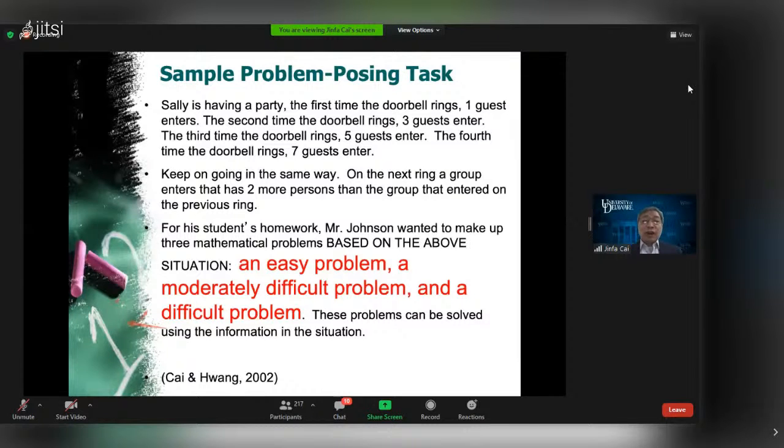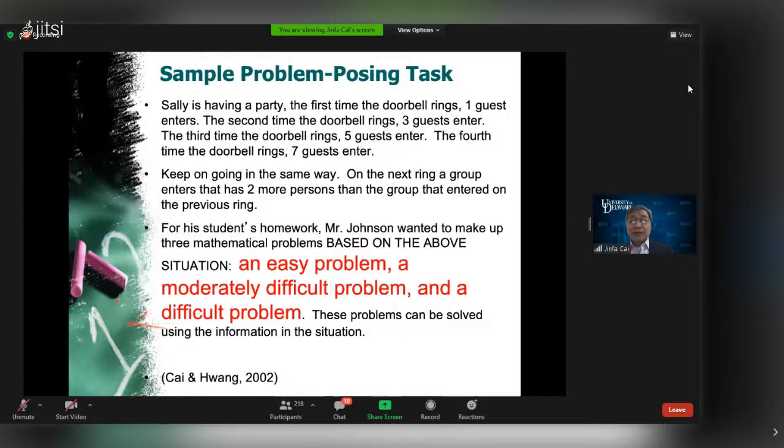Let me give you another problem posing task. Here on the top is a situation. Sally is having a party. The first time the doorbell rings, 1 guest enters. Second time, 3 guests enter. Third time, 5 guests enter. Fourth time, 7 guests enter. Then it keeps going like that.